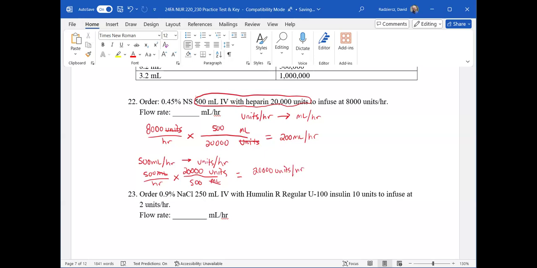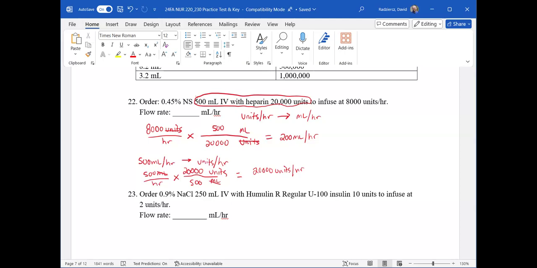Now, ideally, you'd want it to not cancel out like that. But I'm just trying to show you, if you get asked a question, and I usually see this more like ATI being asked, not necessarily on your actual dosage calc test. But if you get a question like this, just know that if you're going from units per hour to milliliters per hour, you've got to use your IV bag and then manipulate milliliters and units.